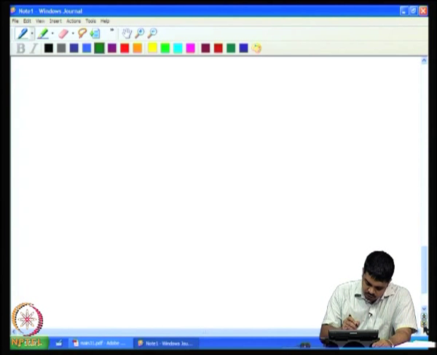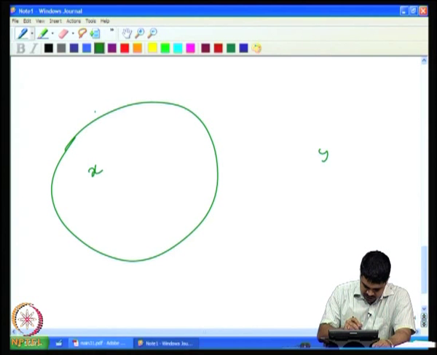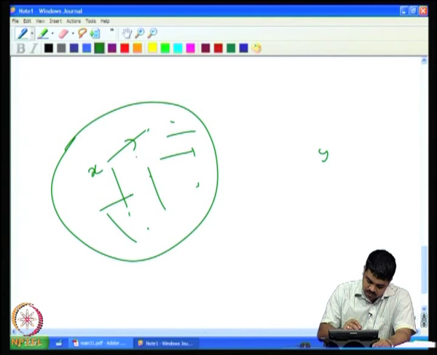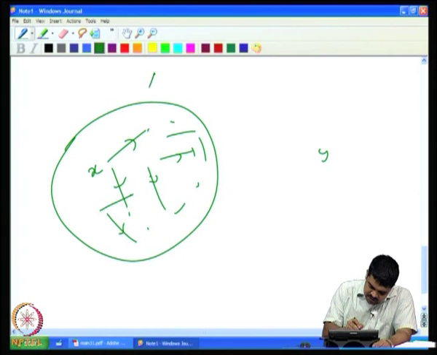In fact, suppose you have this network with x here and y here, and you identify a collection of vertices in the network, some vertices with some connections, and let us say this is x.